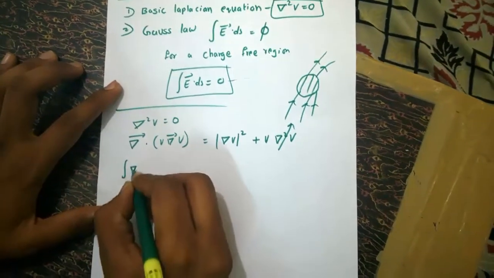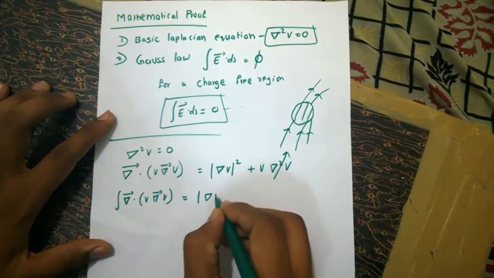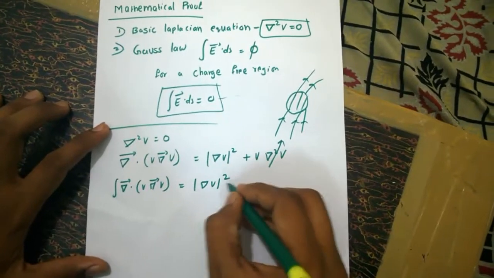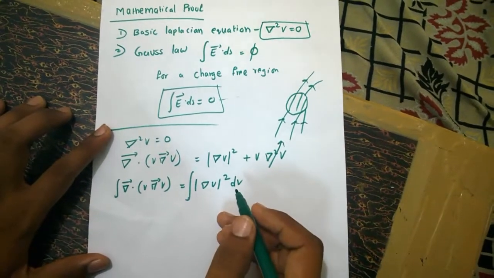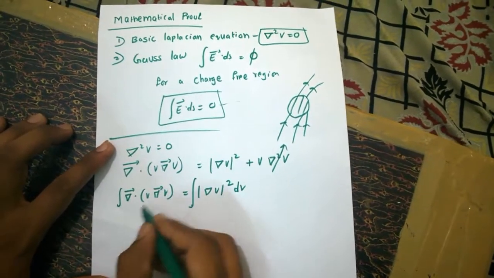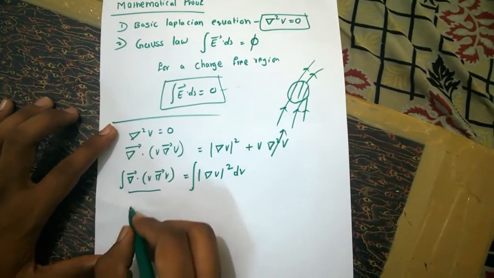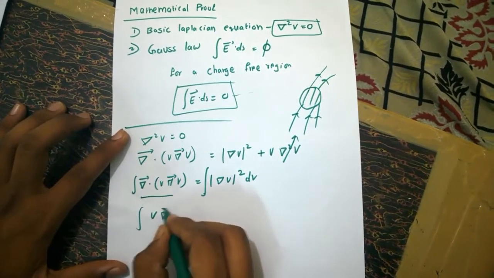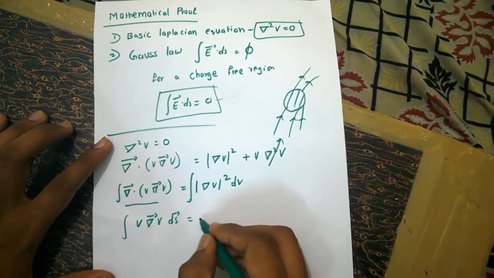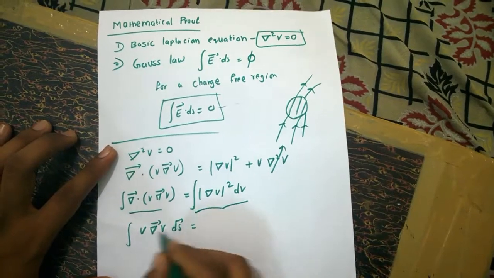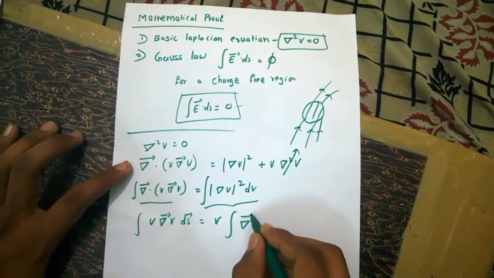Integrating on both sides over a volume dV, and by using the divergence theorem we can convert this volume integral of a divergence into a surface integral over ds. First we will keep this aside and take the left hand side, which is V del V.